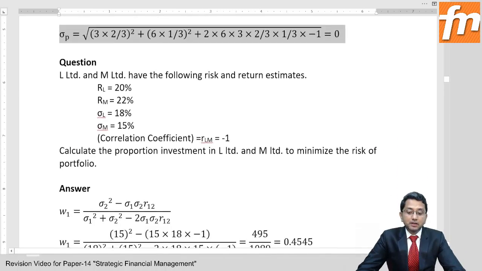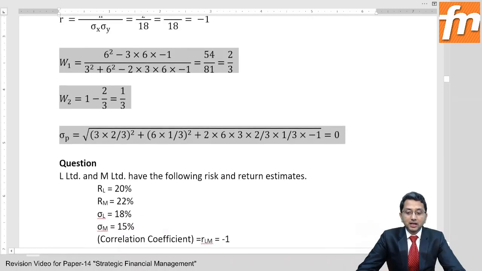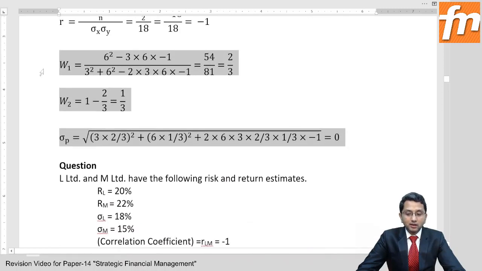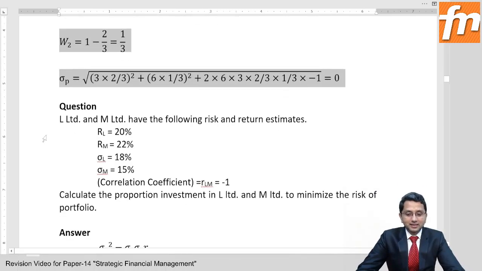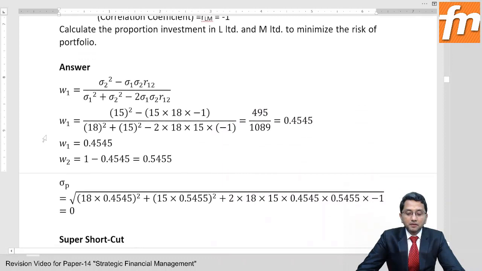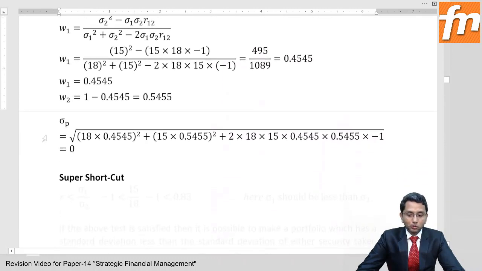There is an even further shortcut: without calculating W1, W2, and without applying the formula for risk of a two securities portfolio, you can conclude whether such a portfolio exists.